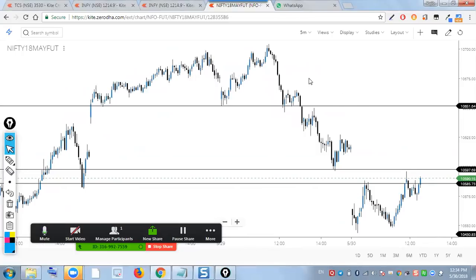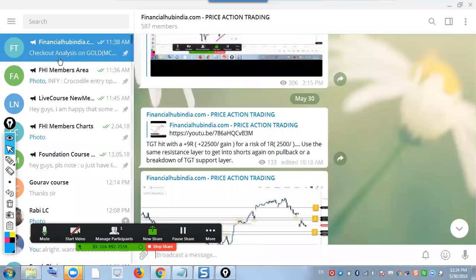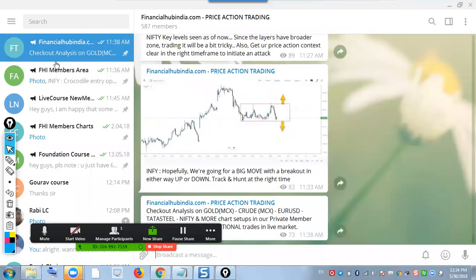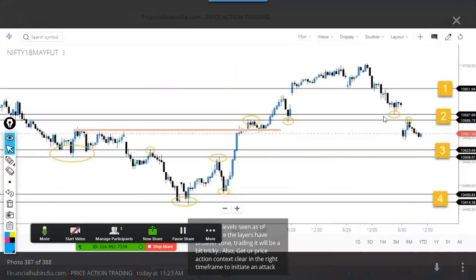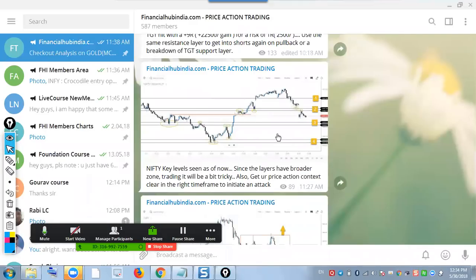For now, for the Nifty, these are the layers we have, but we are not initiating any trade as such so far. There's a free channel update I've shared in the morning.